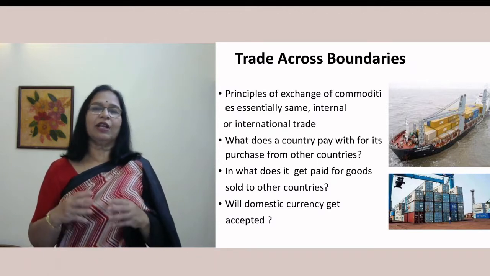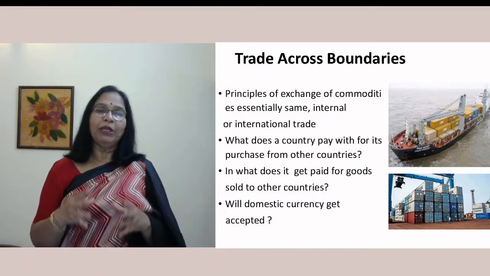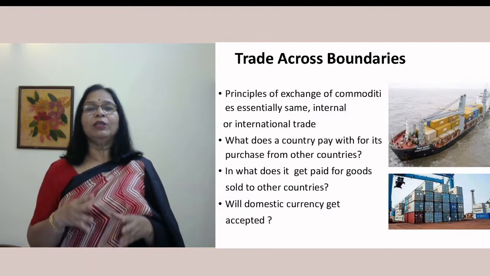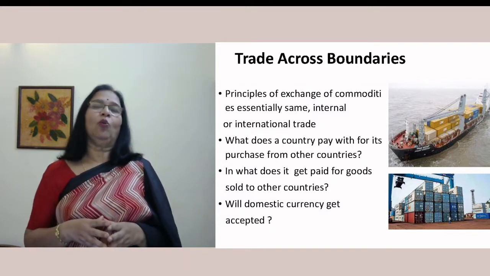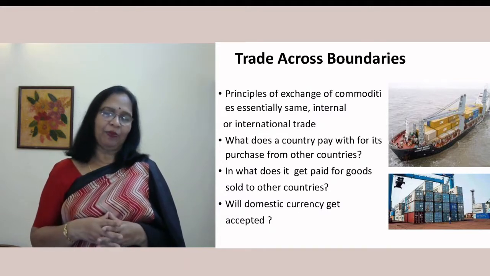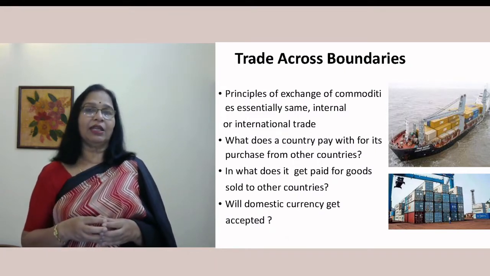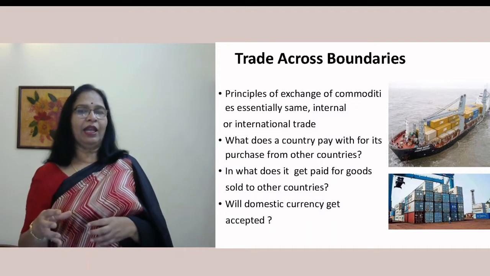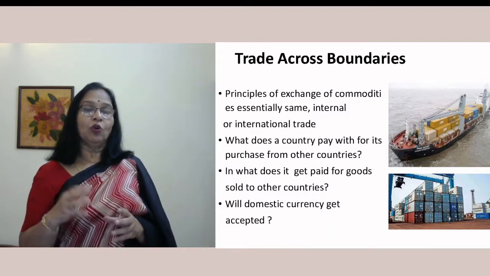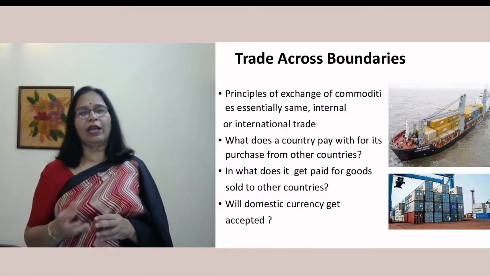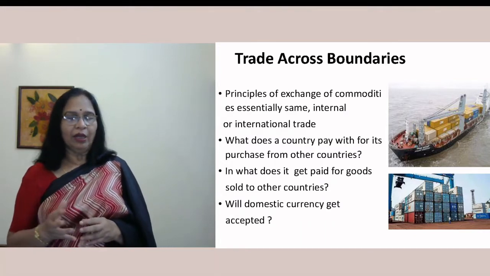So this gives rise to the problem that the medium of exchange function of money is not satisfied once trade takes place between two countries. And that is where the domestic currency is not accepted in the other country. So gold was accepted, but currency was not accepted between the trading partners.